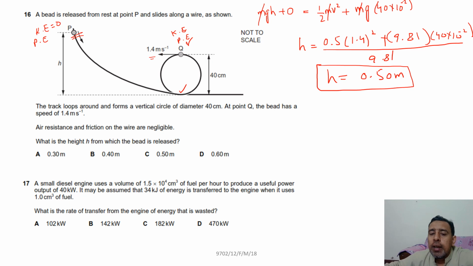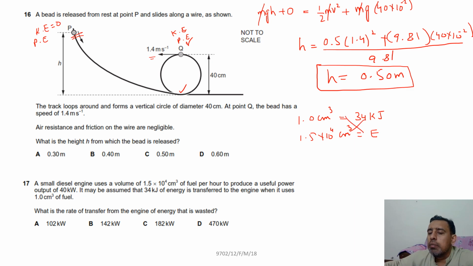It means the output and the inputs are not equal with each other. So first of all, we have to get the input. 1 centimeter cube gives you the energy of 34 kilojoule. This is given, and if we use 1.5 into 10 raised to 4 centimeter cube of volume, then the energy E is the input.